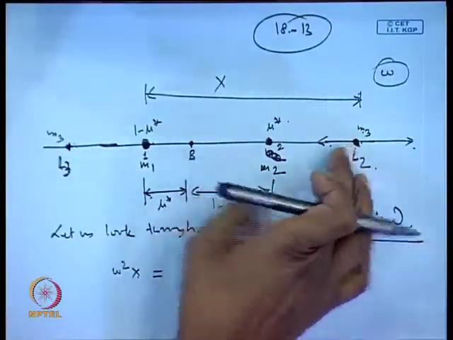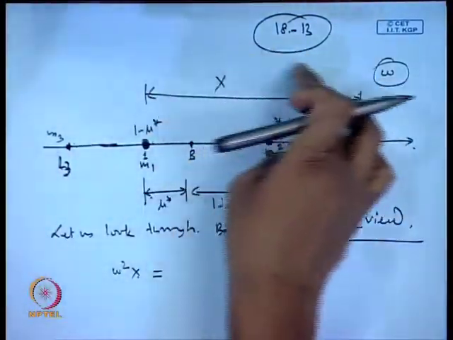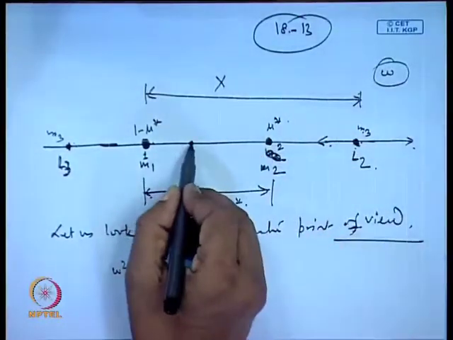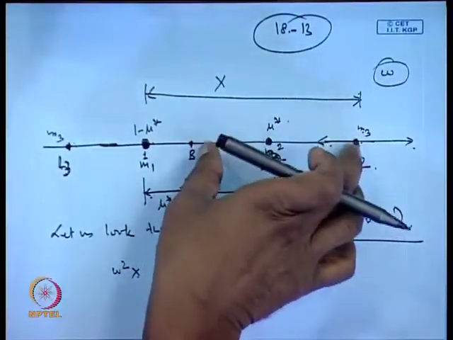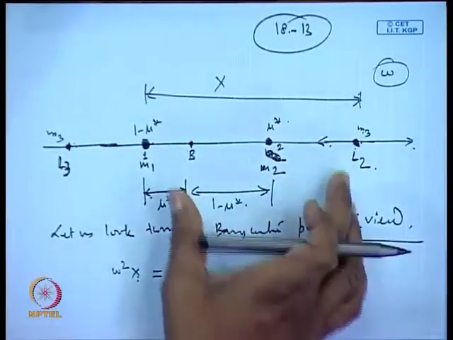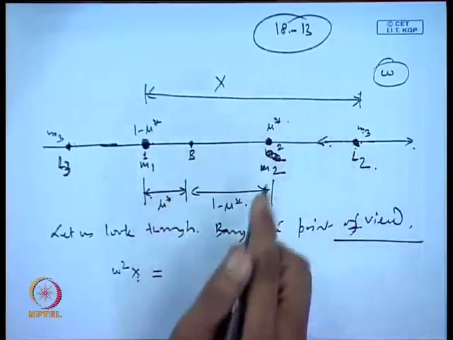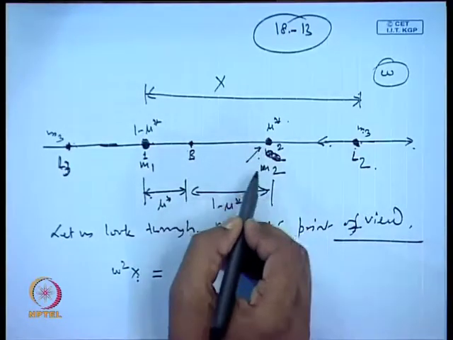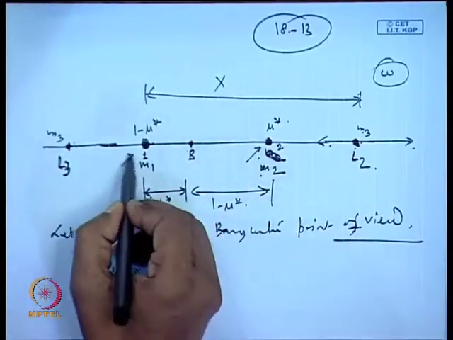So, to move this mass around this barycenter, the mass m3 will also be moving around the barycenter. To move this, the necessary centripetal acceleration must be provided by the mass m2 and the mass m1.